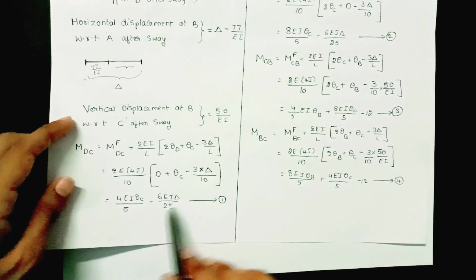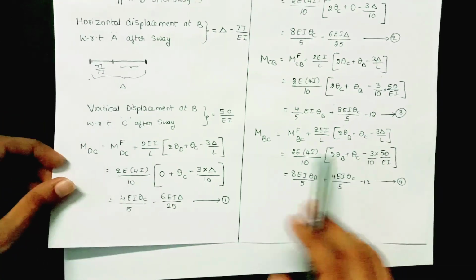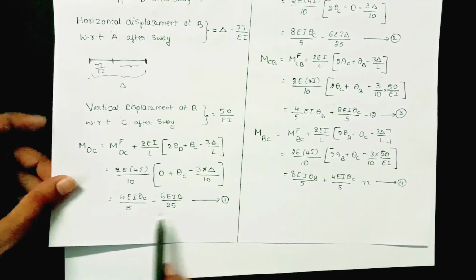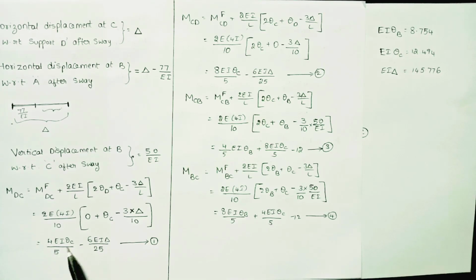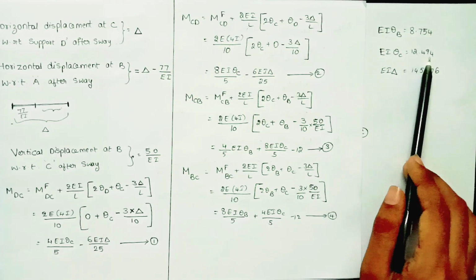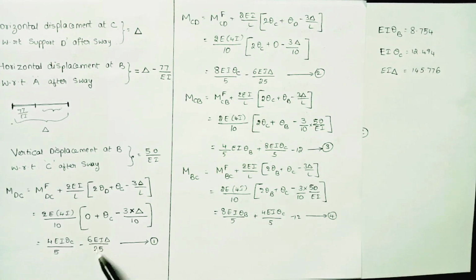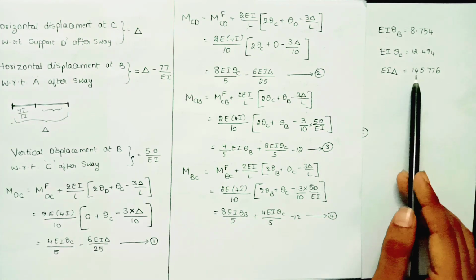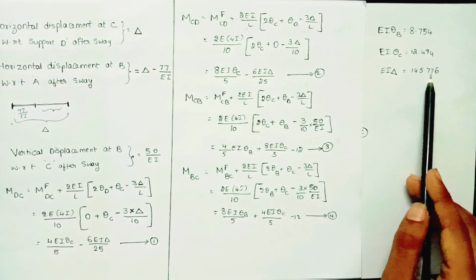Now the last step is to substitute these values in the step 2 equations. In step 2 we have got 6 equations. For example, take this equation: it is 4 by 5 into EI theta C, and EI theta C you obtained as 12.494. Similarly 6 by 25 EI delta, where the value is 145.776.